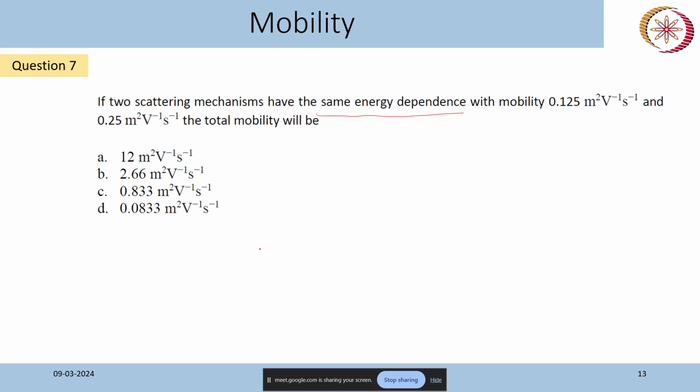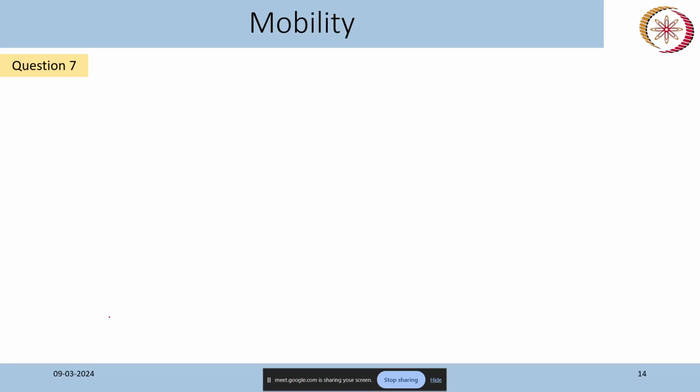So let's solve this question. In the question it is given that mobilities are due to different scattering mechanisms. So essentially our question is mobility due to various scattering events.